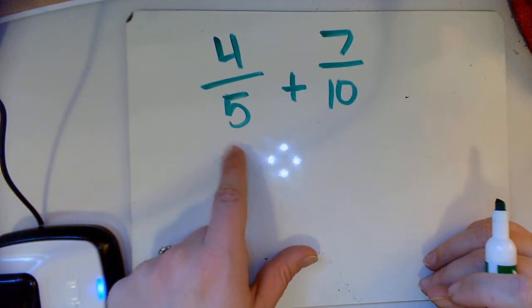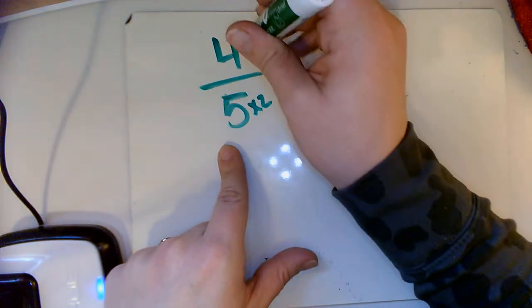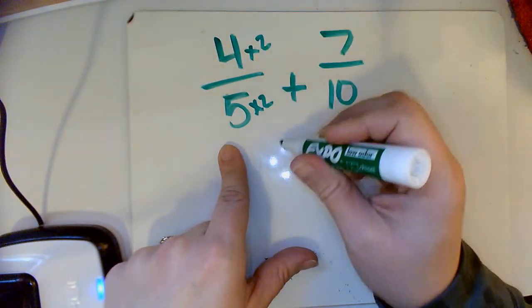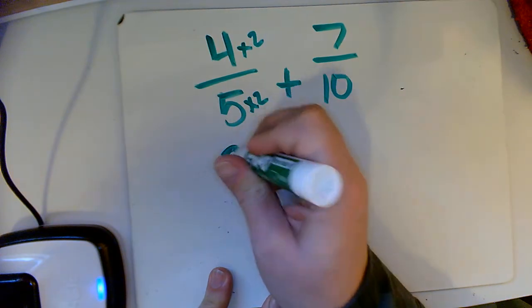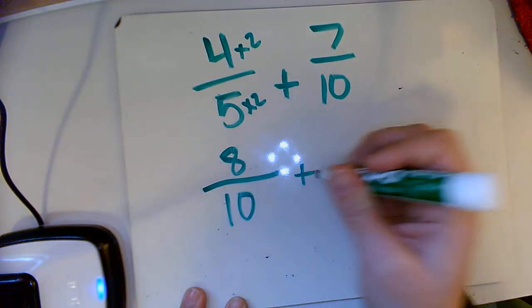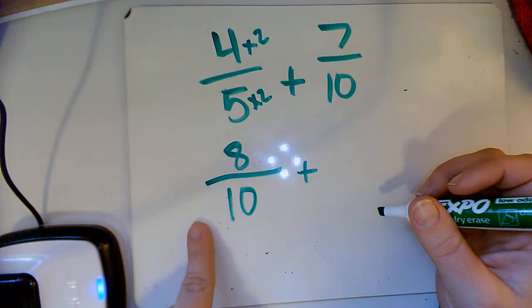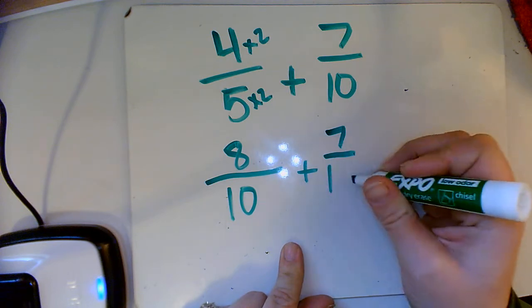I can. So if I take 5 times 2 and 4 times 2 and solve those and rewrite it, so 4 times 2 gives me 8, 5 times 2 gives me 10. So 4/5 is equivalent to 8/10, and now we can add that to our 7/10.